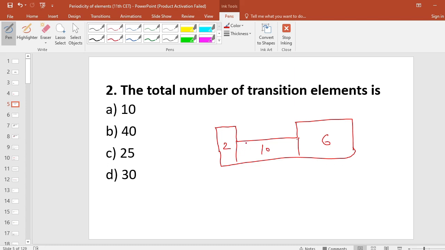So if there are 10 groups, and how many periods are there in transition elements? There are 4 periods. It means that there are total 40 boxes. Means there are total 40 elements.